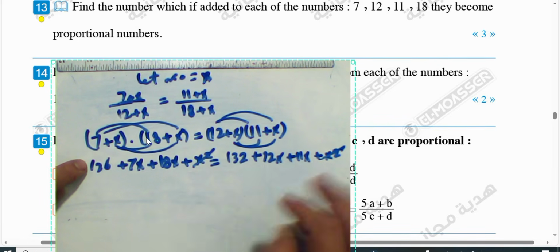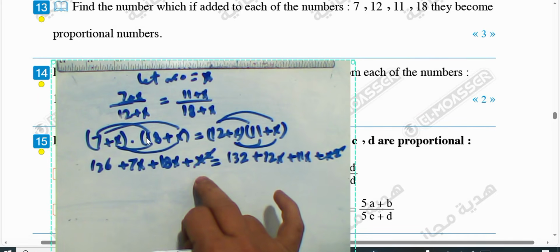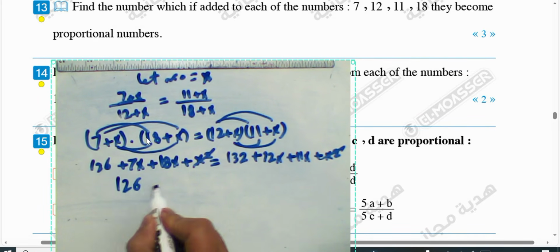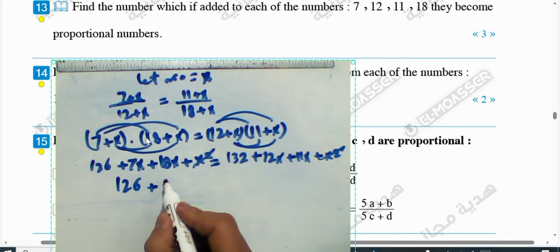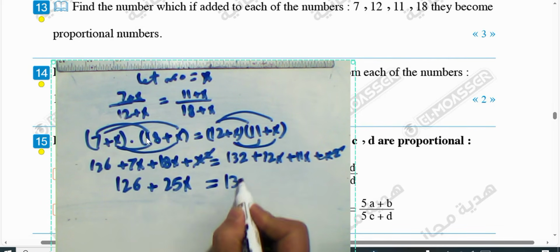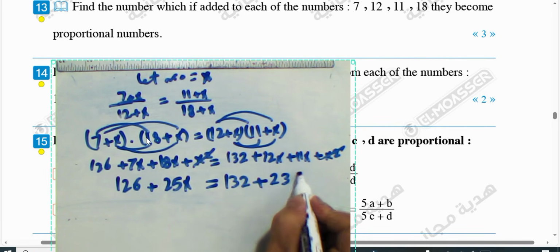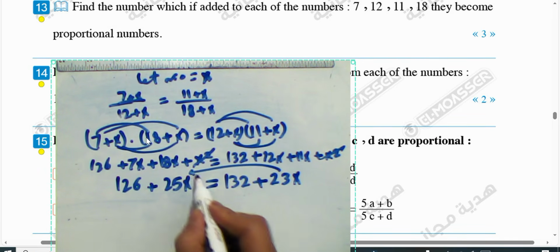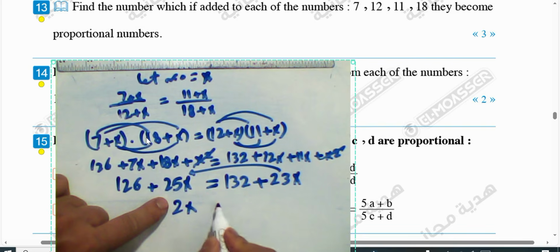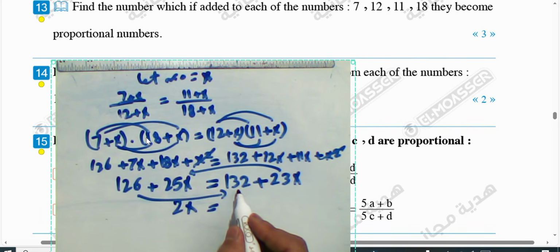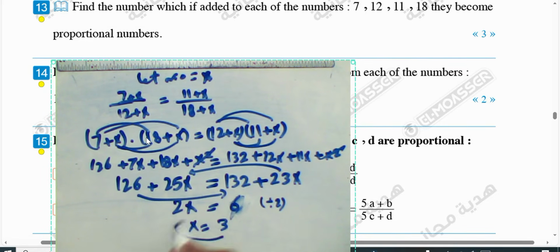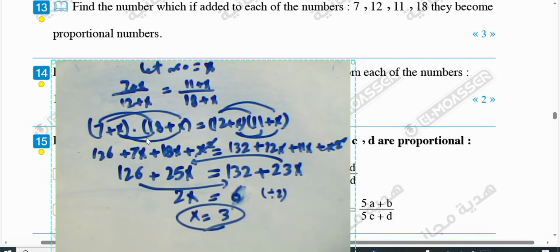You can simplify: x power 2 subtract the same will be 0, and here we have 126 and 7x plus 18x equals 25x. We have 132 plus 12x plus 11x equals 23x. We can subtract 23x from 25x equals 2x, and move 126: subtract from 132 equals 6. Then 6 divided by 2, the value of x equals 3, so x here will be equal to 3.